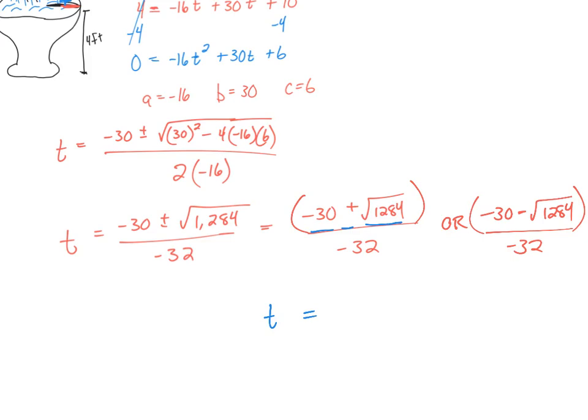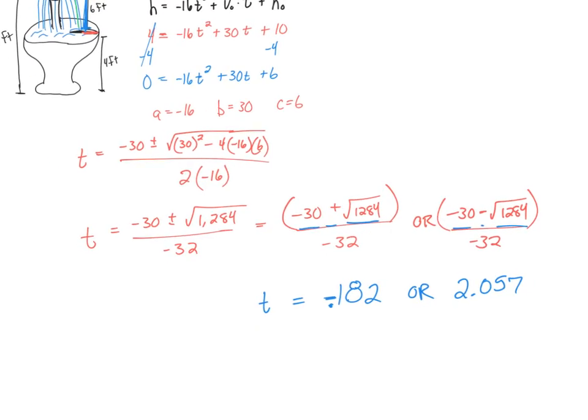And you should get negative 0.182 for the first one. And the second one, again, you would type negative 30 minus square root of 1,284, hit equals, you get a decimal, and then divide by negative 32. And for this one, you should get 2.057. So we got two answers.